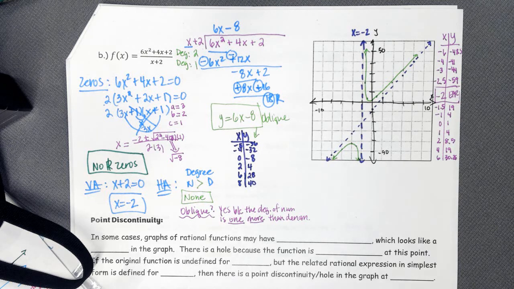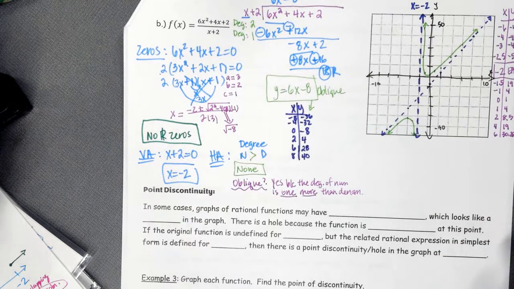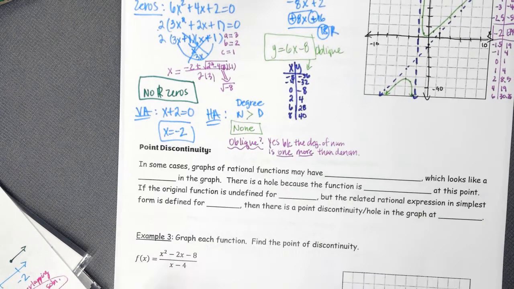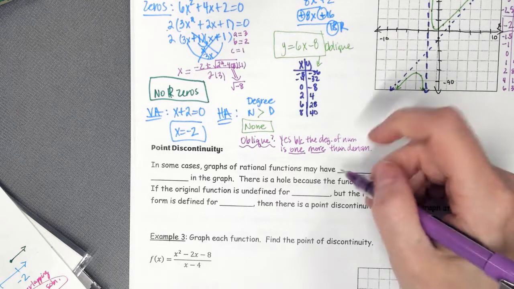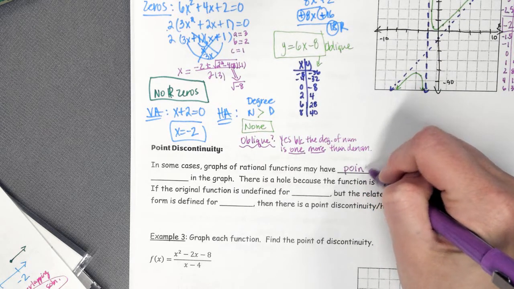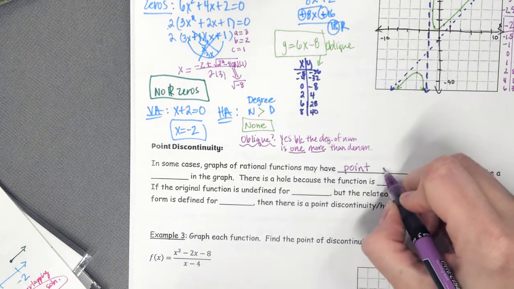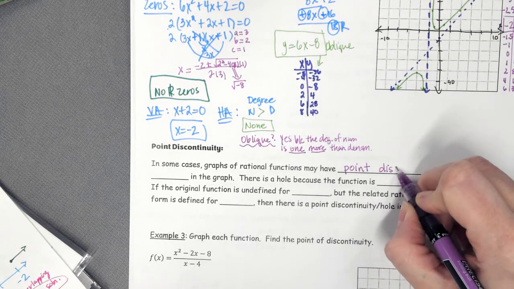Okay, now for the last thing, is called the point of discontinuity, and this happens when something cancels out on the graph and it creates a hole.